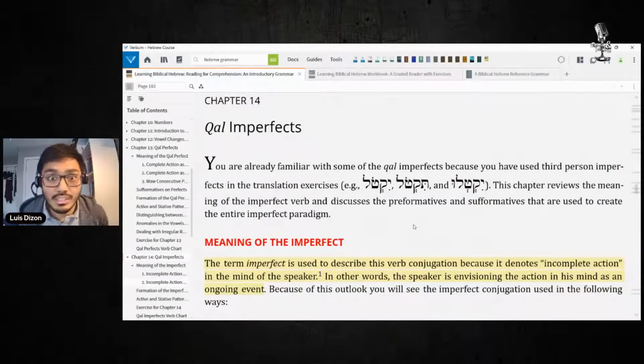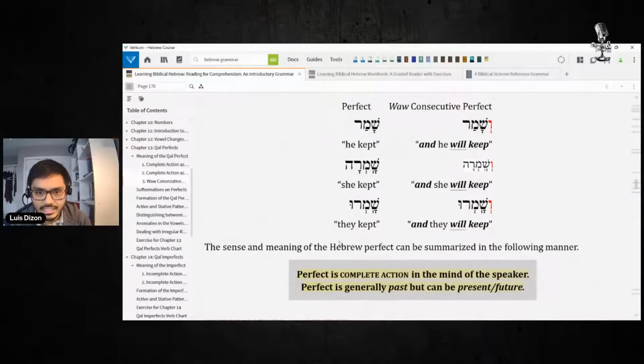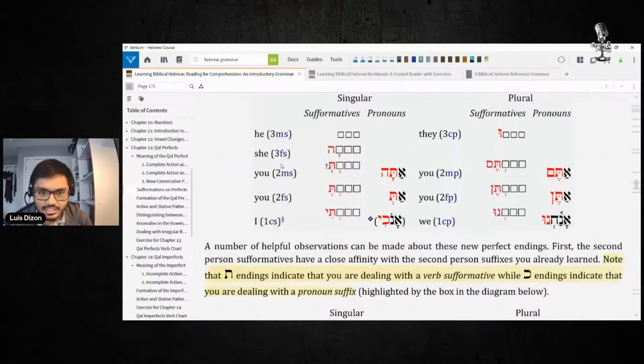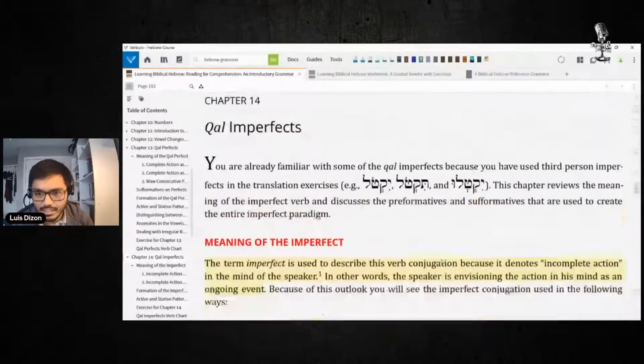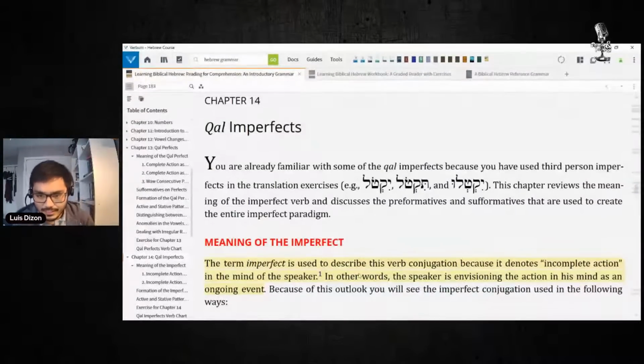If you recall last week, when we were talking about the Qal Perfect, using shamar as the example, you have shamar, shamra, shamru, and then shamarti, shamarnu, etc. If you were paying attention, you will have learned about 8 different forms of the perfect verb. Now that we're in the imperfect, you're going to learn even more forms. So better get used to memorizing stuff.